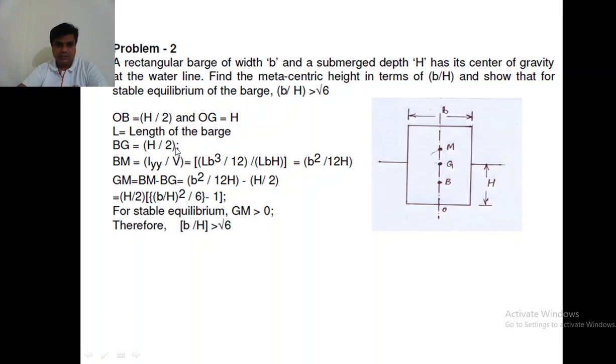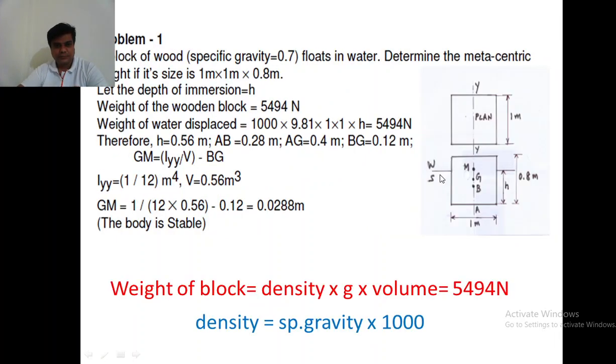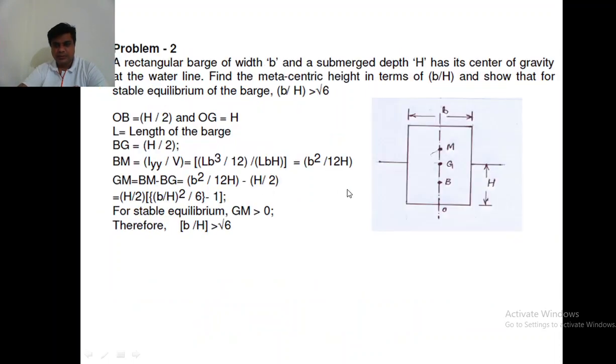And BG, if you look at this, BG will be half of this again, so h by 2. BG is important for us according to this equation. So according to this equation, I want BG, and I know BG is half of h, h by 2.